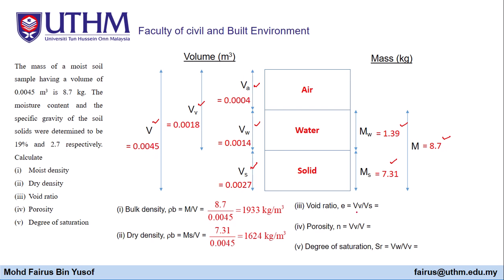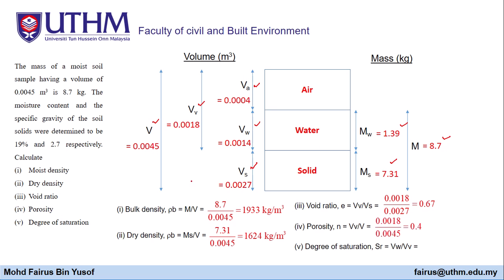And the void ratio equal to VV over Vs. We know that VV equal to 0.018 and Vs equal to 0.027. Then the value is 0.67. For porosity, n equal to VV over V, we know that VV is 0.018 and we know that V is 0.045.